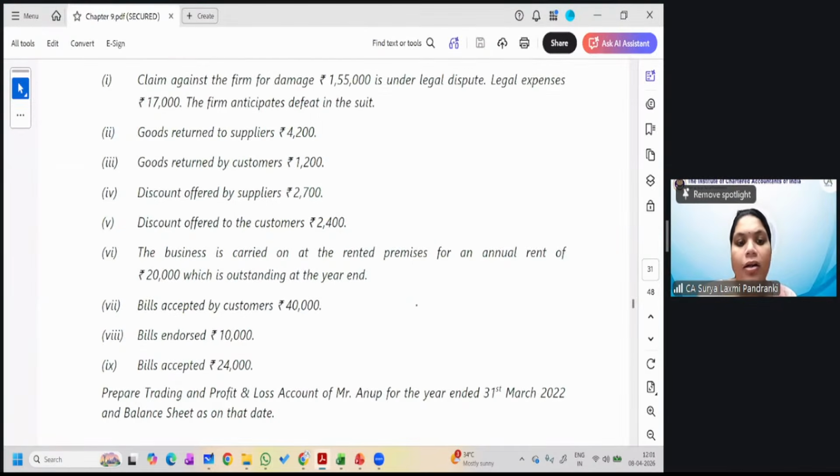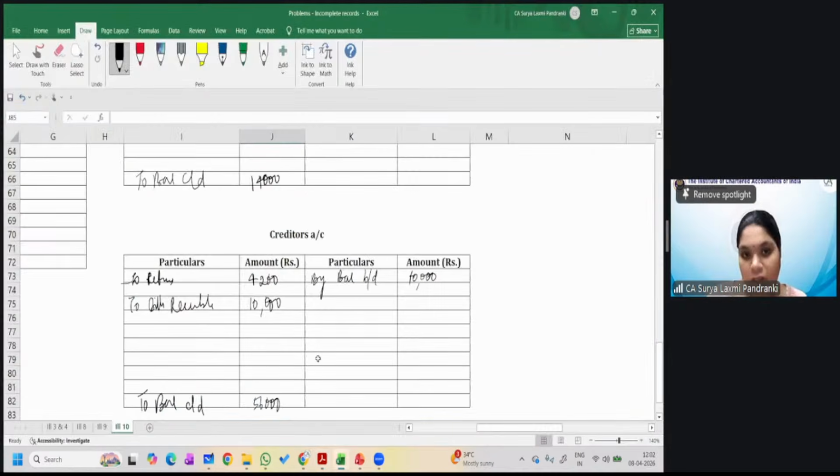Now bills endorsed is done. What about bills accepted 24,000? Where will this come? It's debit to sundry creditors account. What is the other effect? Credit to bills payable account. One should be in your creditors, the other one should be in your bills payable account.